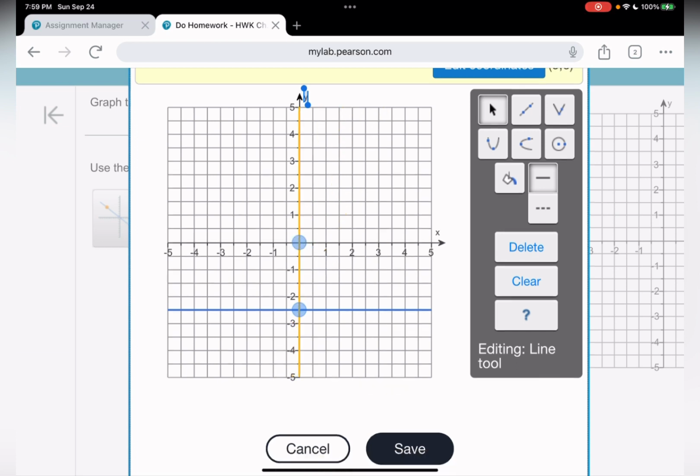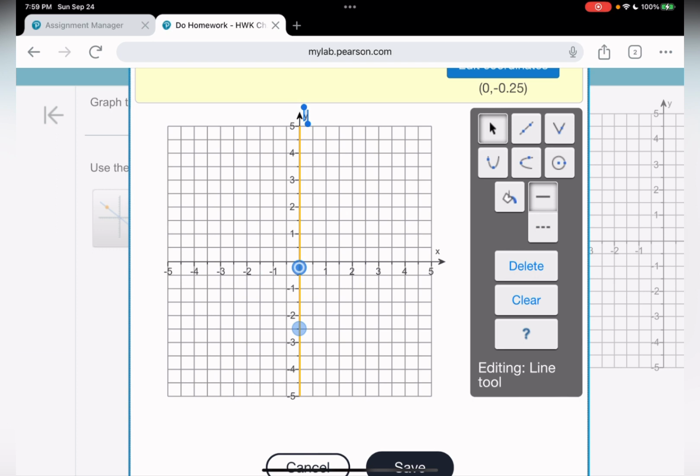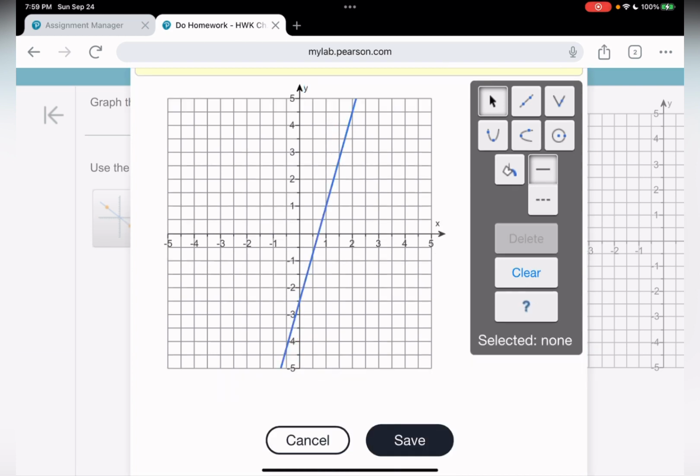Let me see. Negative 2.5 and plus 7. So 7 minus 2 is 5, 4.5. So we're going to four and a half, and then 2, right? No, 2 is here. There we go.